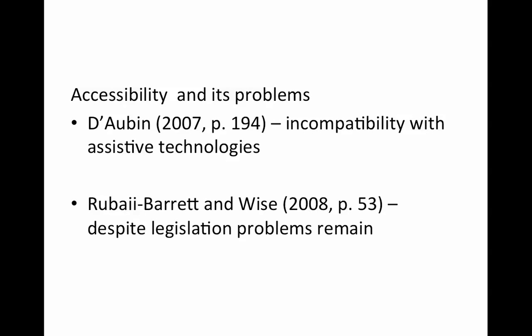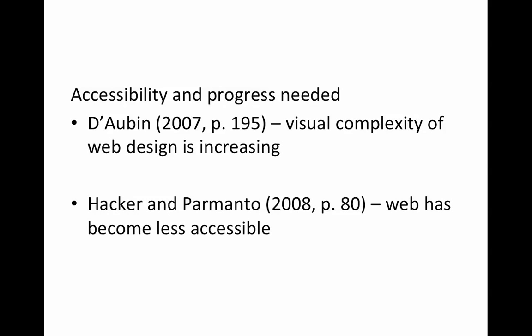This is a point echoed by Ruby, Wise and Barrett, who observed that despite guidelines and agreements and legislation, accessibility and usability remain issues in the sector. Although the importance of web accessibility has been recognised, it seems that practically there is still some progress to be made before the WCAG guidelines become standard across the web.